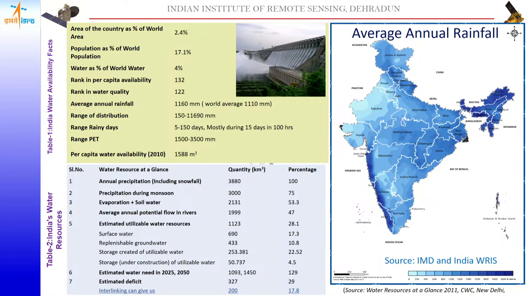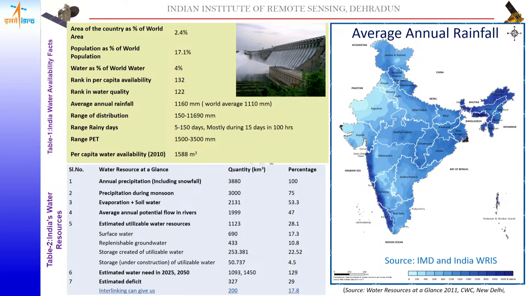So, if you come back to our Indian case, we are a very large country. However, our population is much higher than the percentage of land area that we are occupying. And our total amount of water as compared to the total water availability at the global scale is 4%, and our rank in the per capita water availability is 122.